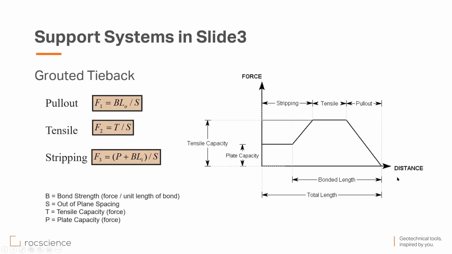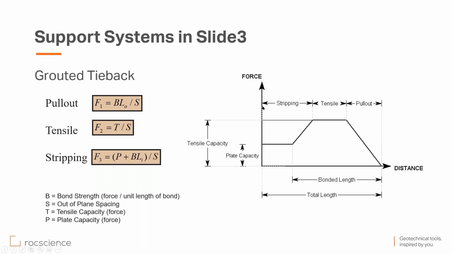For the grouted tieback, we have this force diagram, and you can compute different types of failure mechanism: pull-out, tensile, and stripping. In this case, that you can see here, stripping depends on the plate capacity. So the capacity of the plate is less than the tensile capacity, so you can have a stripping.